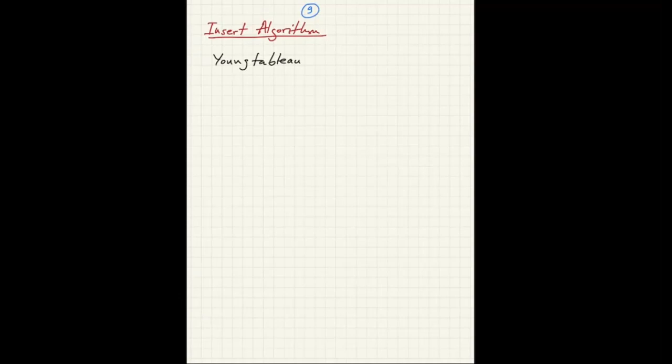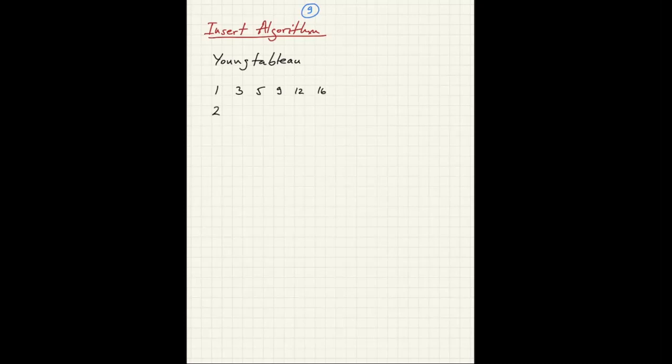Again, this is taken from Knuth's book. So let's say we have 1, 3, 5, 9, 12, 16.